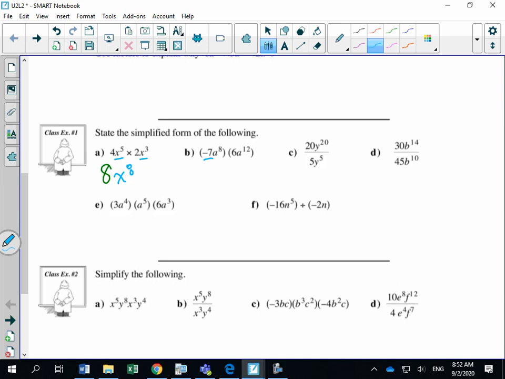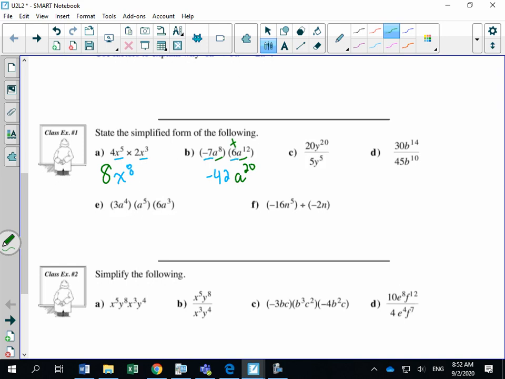Again, for b, multiply your coefficients. Negative 7 times 6 is negative 42. And then let's look at our a's. It's going to be product law, so we add the exponents, and you're going to add 8 plus 12, which is a to the 20.